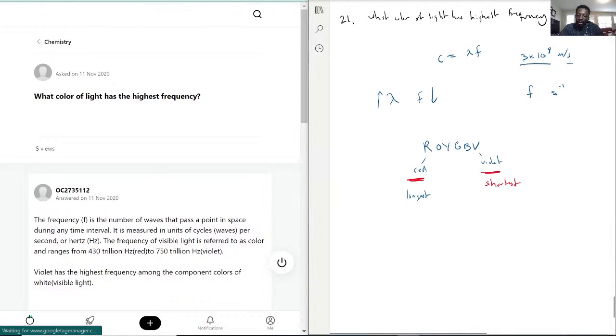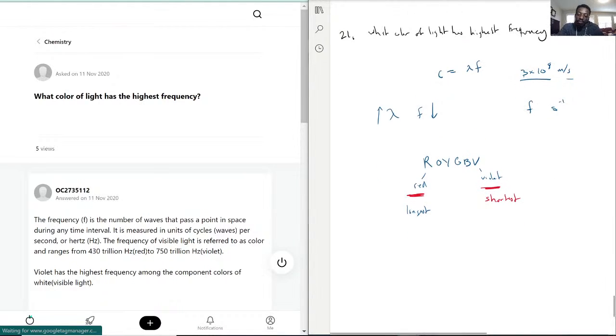Because violet is the shortest wavelength, of all these colors, violet has the largest, aka highest, frequency. So when they ask this type of question, always think of the rainbow, because the way it appears on the rainbow coincidentally matches the length of the wavelength.